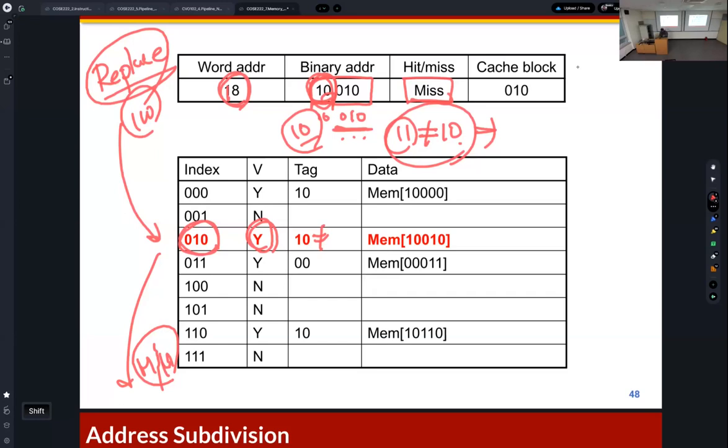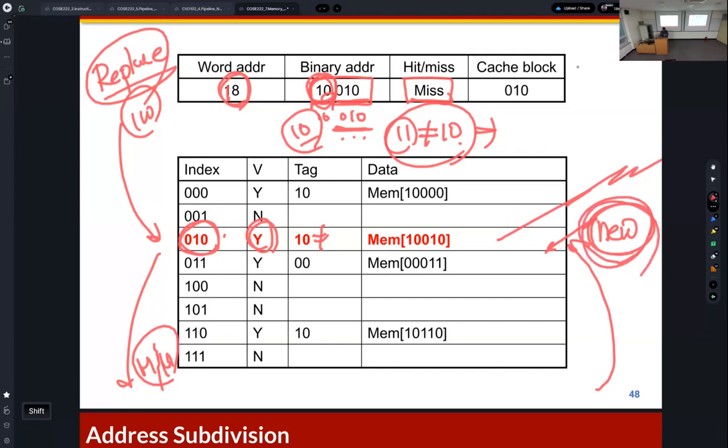Okay. Then the data is transferred to the cache. So this is the new data. This data needs to be stored in the cache index 010, right? Because this is the index address. So the old data is evicted from the cache, because new data needs to be stored in the cache. This is the entry, but there is already old data.